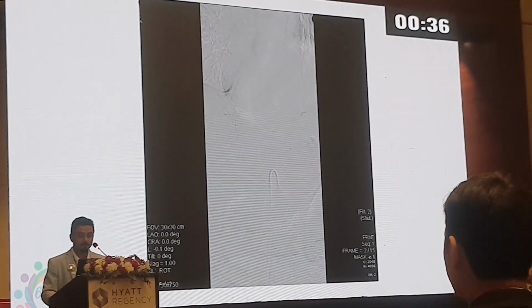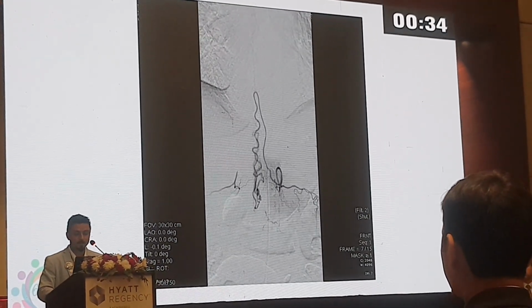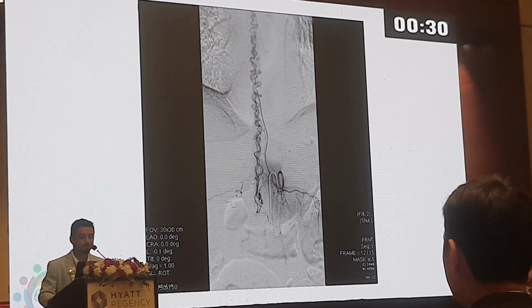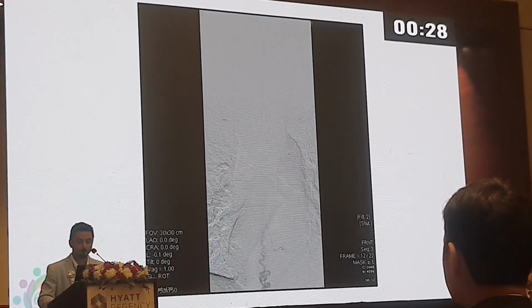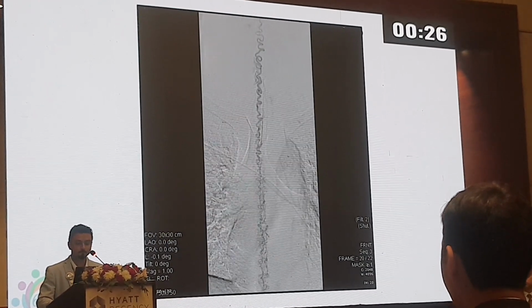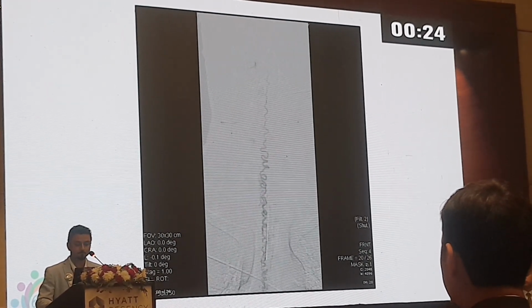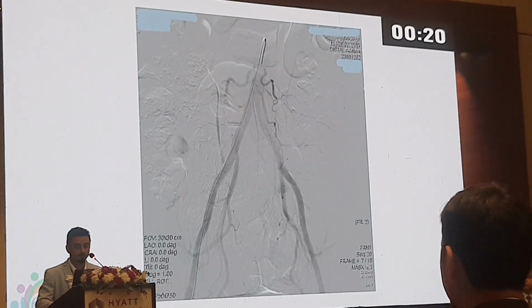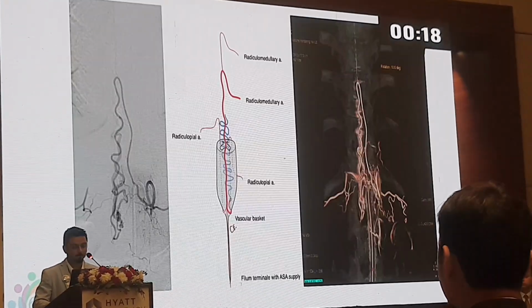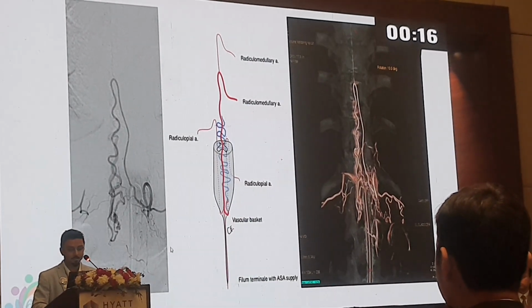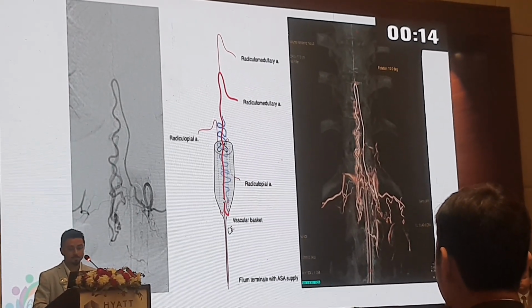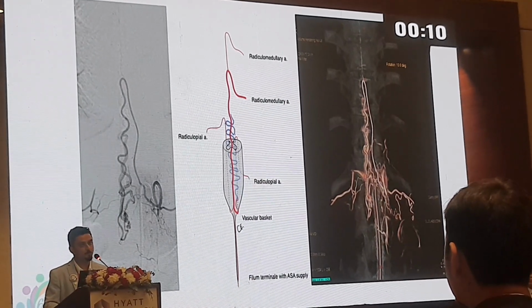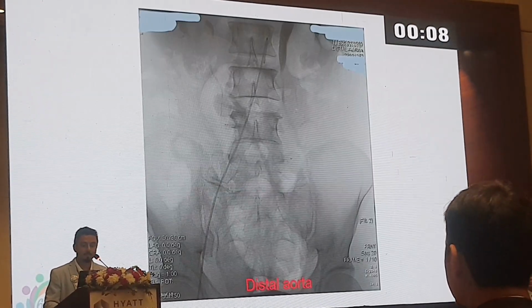This is T12 on the right, so there is a fistula here, with venous congestion. So what we see is a fistula in the foramen. But like I said, we need to keep in mind all the features of this.